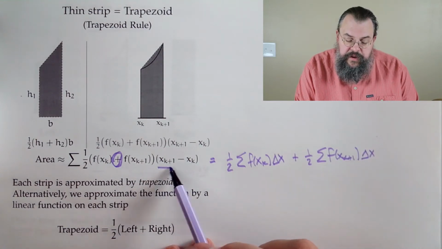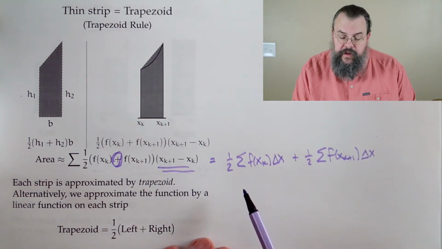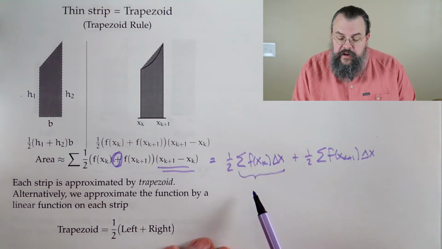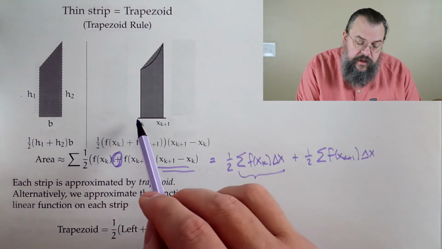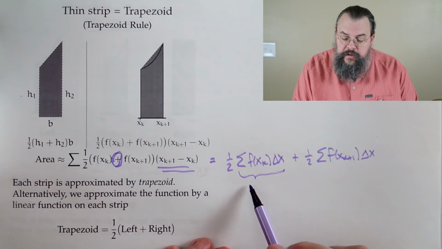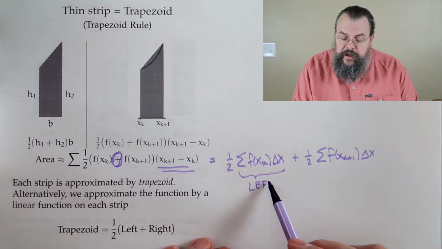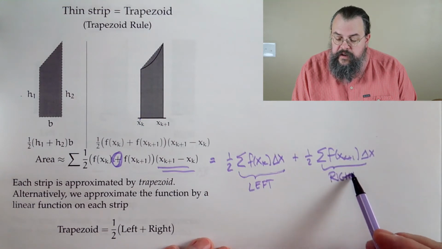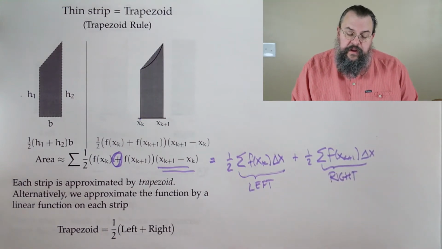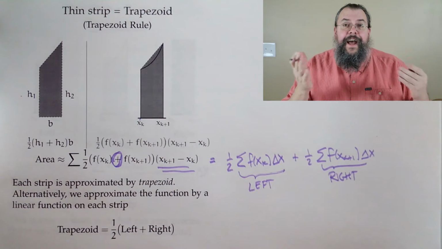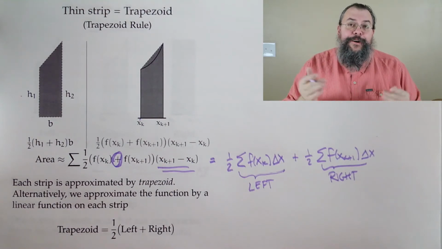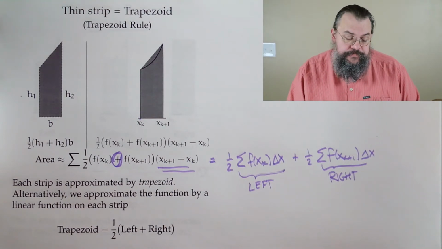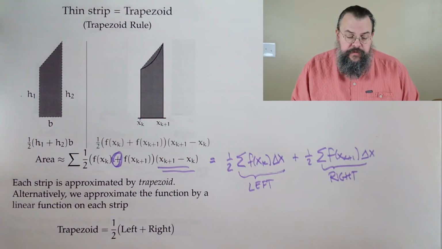So remember, this is our delta x. And this right here says you're using the left-hand endpoints, and this part is using the right-hand endpoints. And so it's, in some sense, averaging out halfway between left and right. So that's the trapezoid rule.